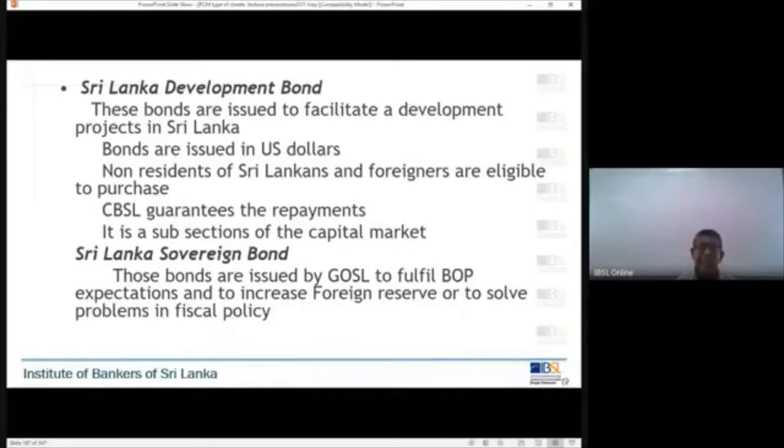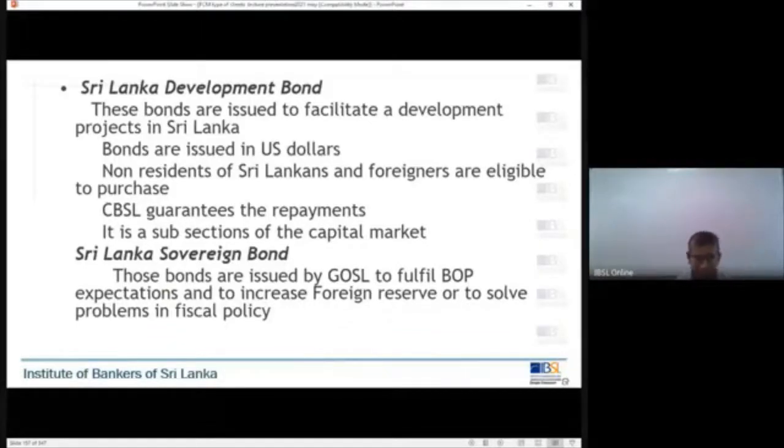Now, recently, the central bank gave the direction for government organizations like Sri Lanka banks not to buy the Sri Lanka Development Bond, because they want foreigners to buy these bonds, right? So those are issued basically to non-residents of Sri Lanka, and foreigners are eligible to purchase. Bonds are issued in dollar form, and CBSL guarantees the repayment, and it is a subsection of the capital market.